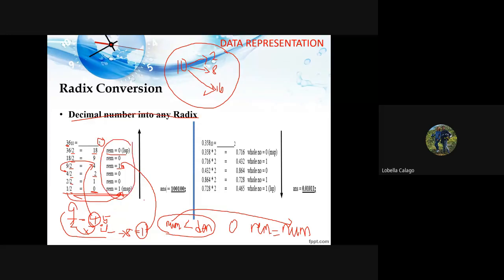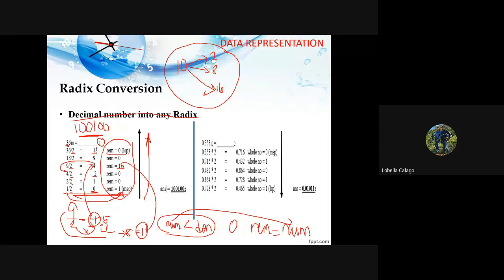And then, ang pagkuha is from bottom to up. So your remainder is 1, 0, 0, 1, 0, 0. That's why this is your answer for 36 base 10 is equivalent to 100100 base 2. So, ganun po yung pagkuha sa whole number.